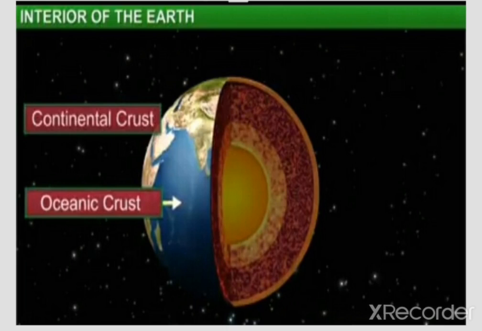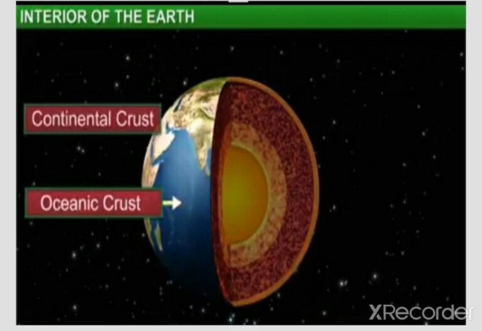Yes, very good. It is around 30 to 35 kilometers. But this thickness is not the same everywhere. Is it the same everywhere? No. Because under the ocean it is only 10 kilometers and under the mountains it is about 40 kilometers. So this thickness is not the same everywhere.